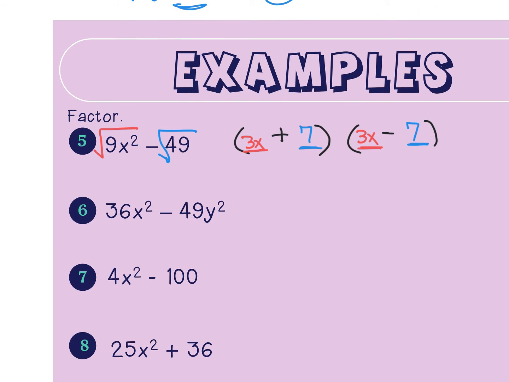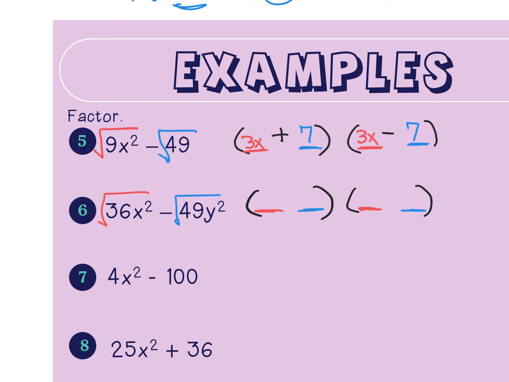So next one, again, look for a GCF. There's nothing that divides into either of these. So what I'm going to do now is double check that 36 is a perfect square and 49, which they both are. So again, I will square root the 36, square root the 49, and then again, fill in my binomials. So again, the first terms' square roots go in the first spots, and then the second.